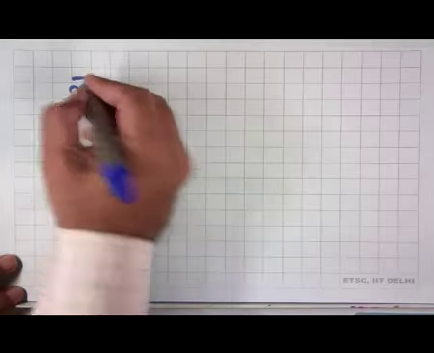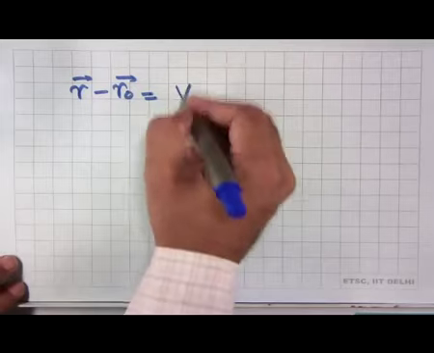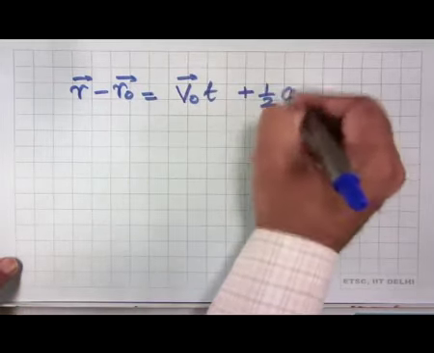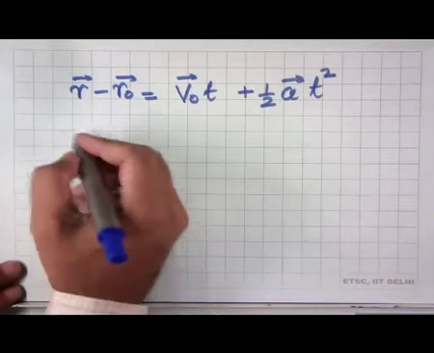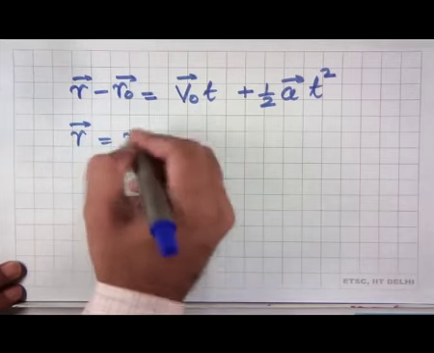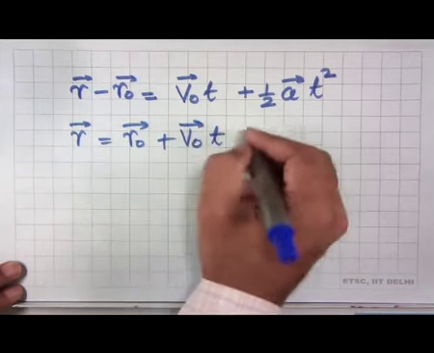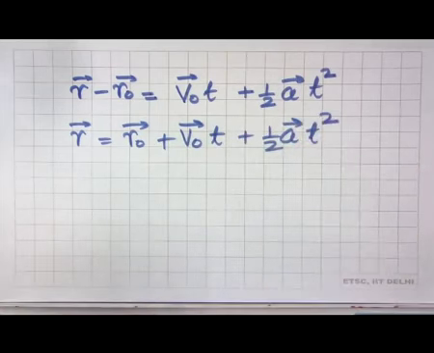So, putting all this, what we will get is r minus r0 is equal to v0 t plus half a t square, and this gives us r is equal to r0 plus v0 t plus half a t square.